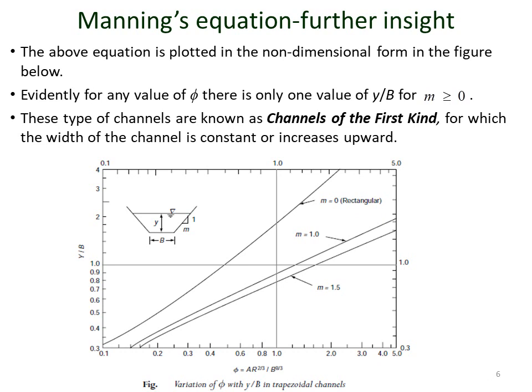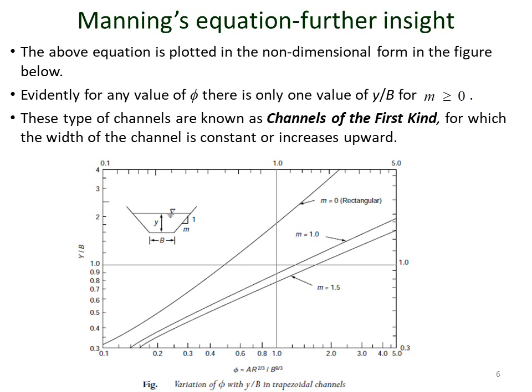So here the variation of the flow depth with phi has been shown for three values of the side slope: m equals 0, m equals 1, and m equals 1.5. m equals 0 essentially implies the channel cross section is rectangular, while any value of m greater than 0 implies that the section is trapezoidal.